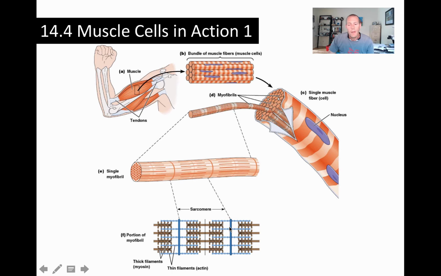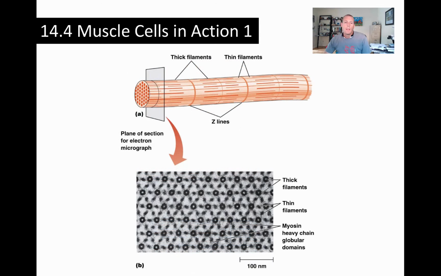The sarcomere contains bundles of thin filaments, which are blue in here, and those will be actin. The thin filaments are made of actin, and there are some other proteins there that we'll talk about a little bit later, troponin and tropomyosin. And then there are the thick filaments, and those are made from aggregates or bundles of myosin proteins. So that's the basic structure of muscle.